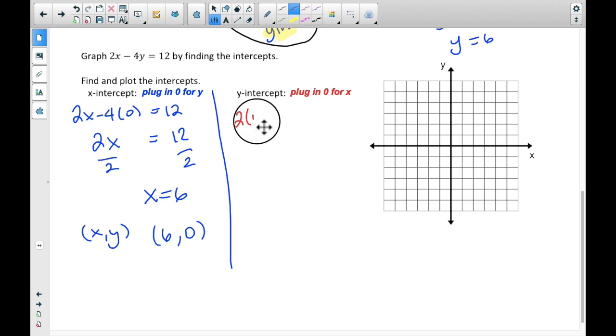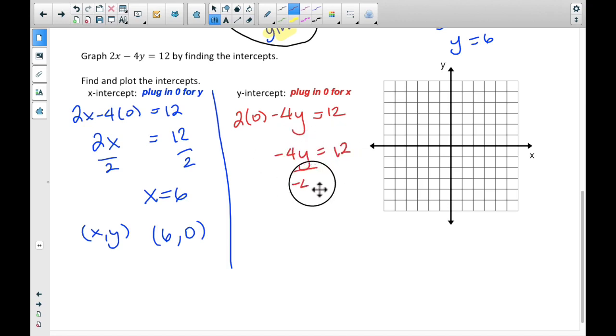So 2 times 0 minus 4y is equal to 12. We know 2 times 0 is 0, so all I have is negative 4y is equal to 12. I'm going to divide by negative 4, and that gives me y equals negative 3. So the xy coordinate that I'm looking for is x is 0, y is negative 3.